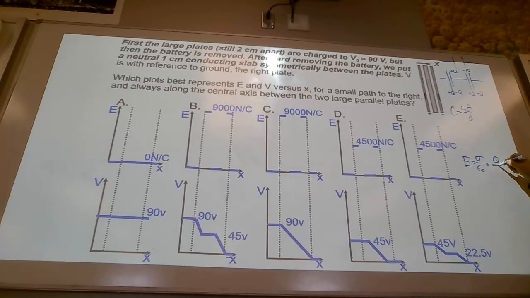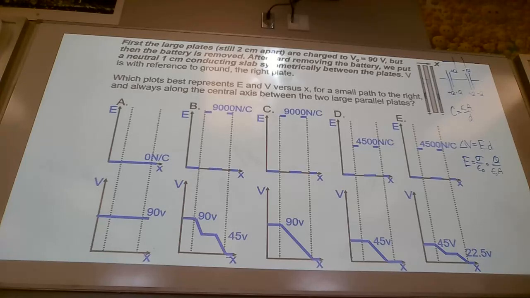So charge over area. The area didn't change. The charge didn't change. Electric field didn't change. We halved, there it is. We've halved the distance. So we have the voltage.